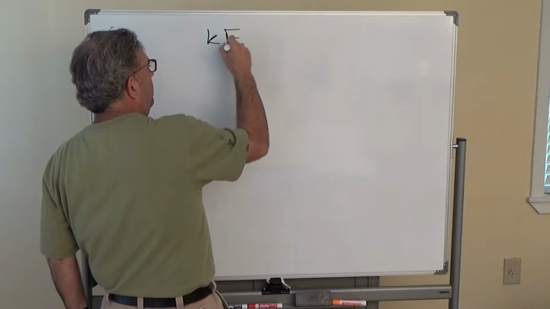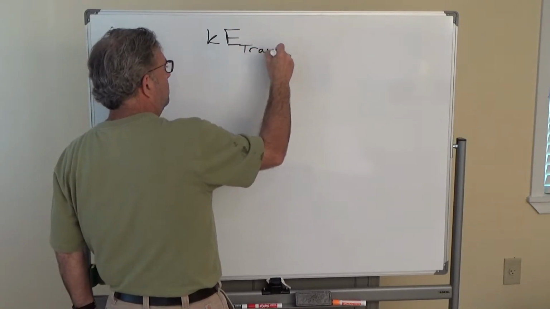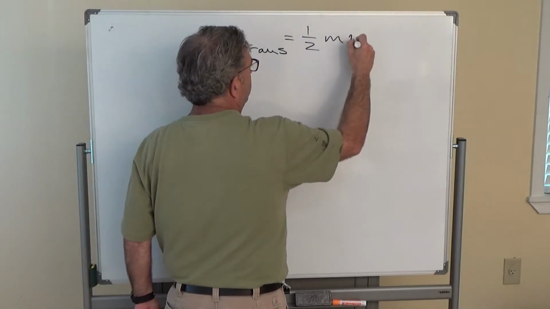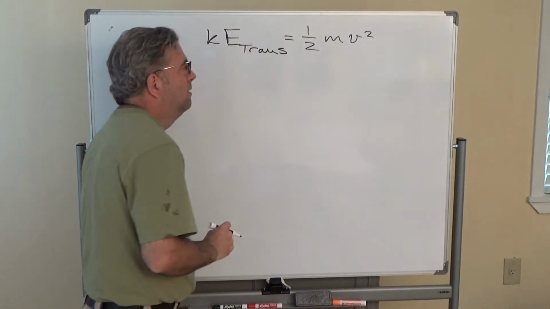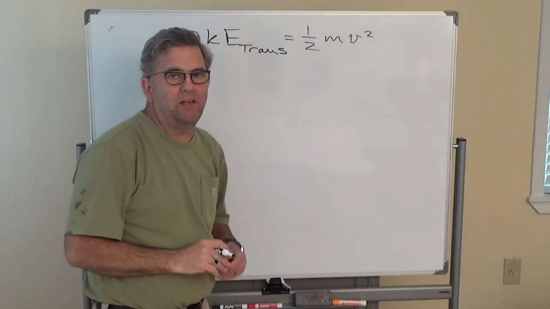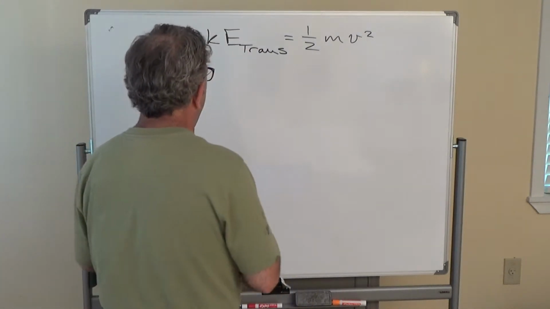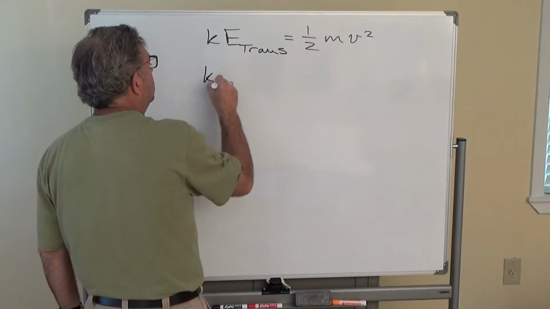Kinetic energy for translation, we already know, is 1/2 mv squared. That's the mass times the velocity squared. We derived that. You've used it several times.